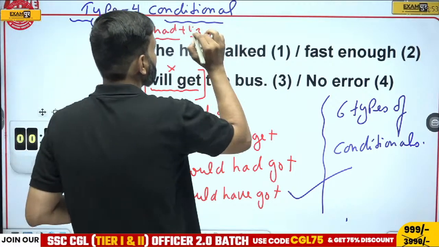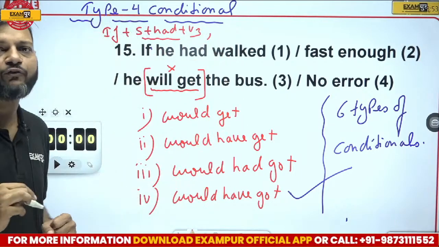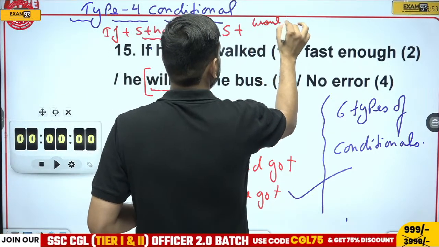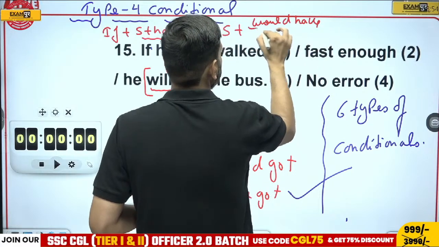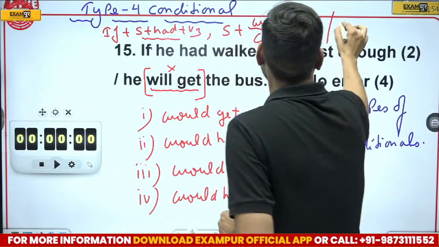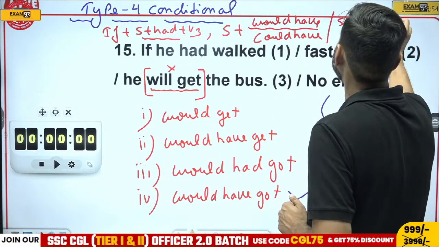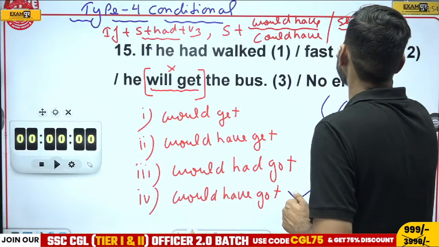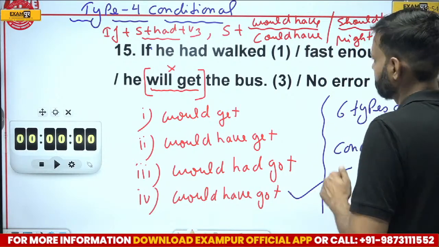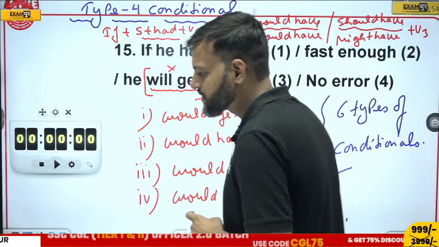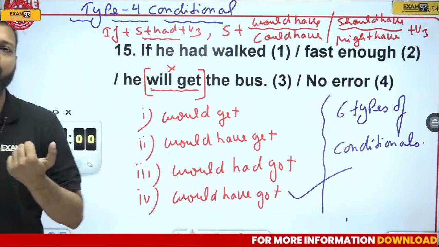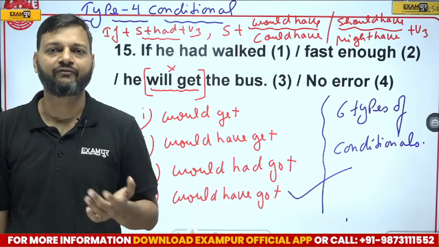And the main clause of type 4 conditional comprises would have, or could have, or should have, depending on the meaning, or might have, with third form. So in type 4 conditional, the main clause may comprise would have, could have, should have, or might have with third form.